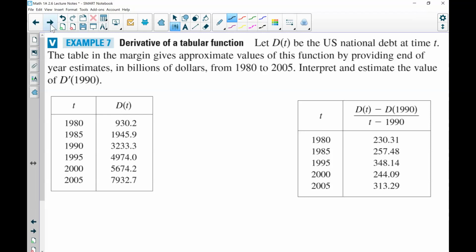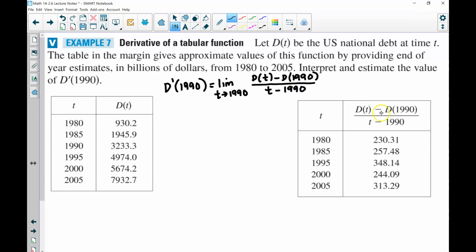Okay, so let's take a look at that. So we're saying here that D prime of 1990 is going to equal the limit as t approaches 1990 of the following function: D of t minus D of 1990 divided by t minus 1990.